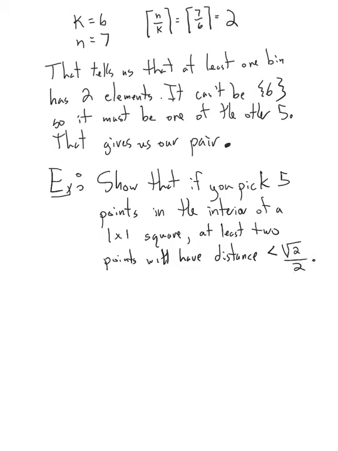So the distance between a pair of points is guaranteed to be less than square root 2 over 2.